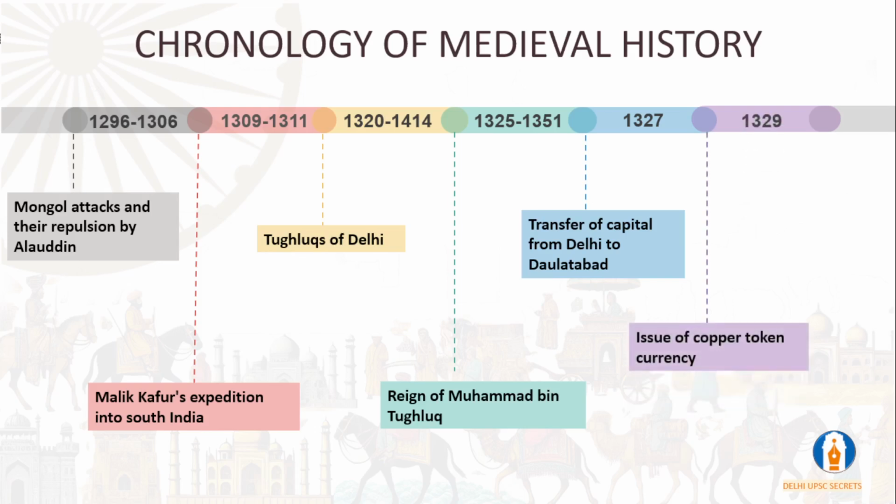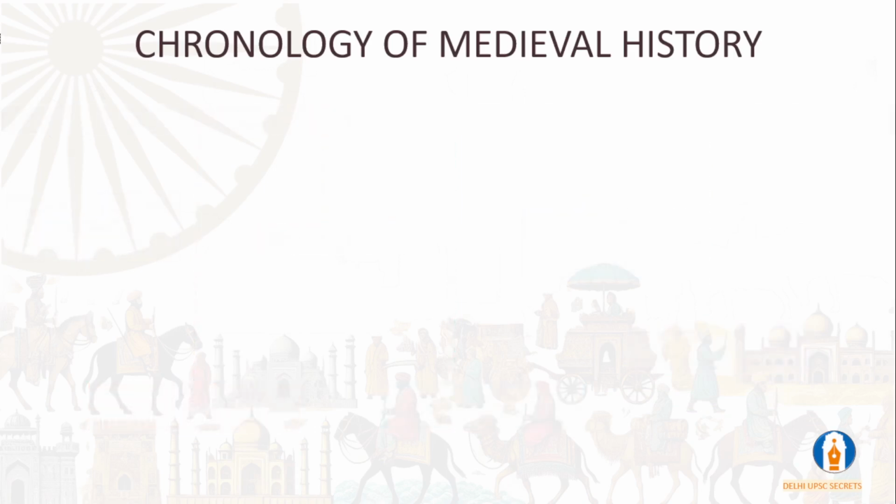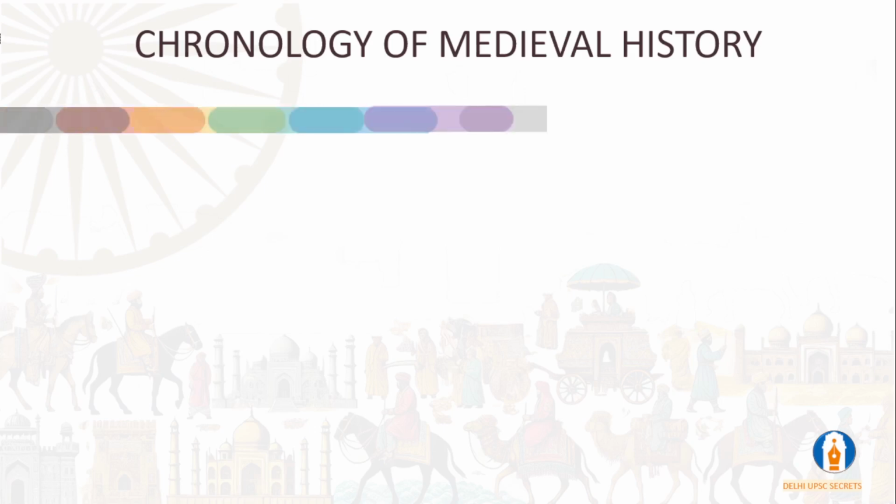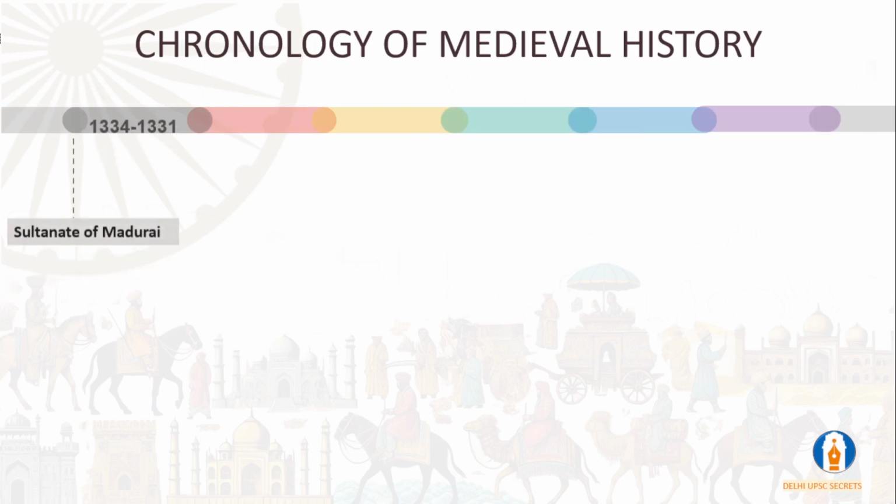In 1329, the issue of copper token currency happens. Then next to this, we have Ibn Battuta, the African traveler who comes to India in that period, around 1331 to 1334 AD. We see Ibn Battuta entering into India.